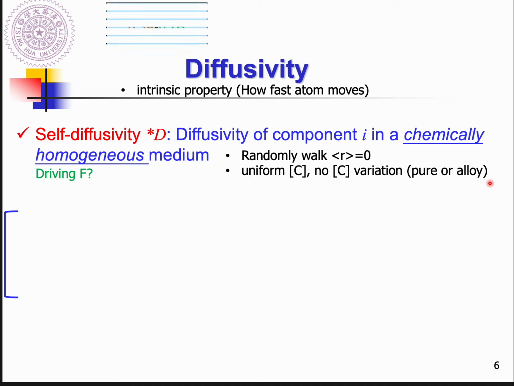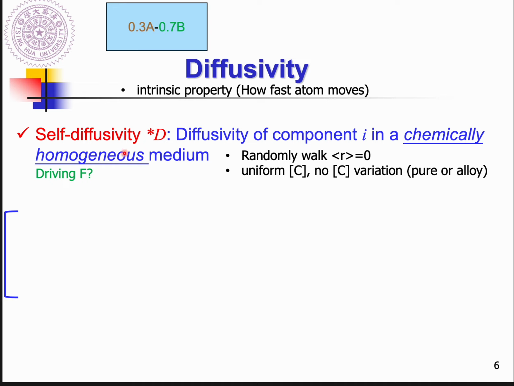Highlight the alloy. For example, if I have an alloy with 0.3 A and 0.7 B, and you consider the atom A, the concentration is uniform inside this material. If you consider the atom B, it is also uniform inside this material. So for self-diffusivity, these materials can be a pure metal or an alloy like this.